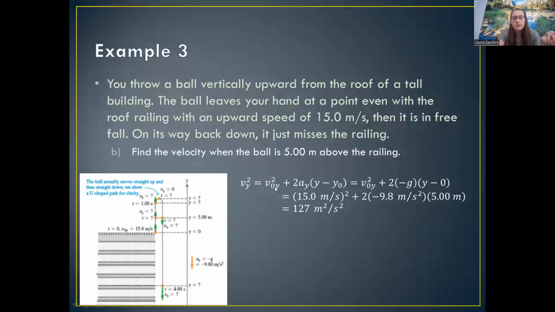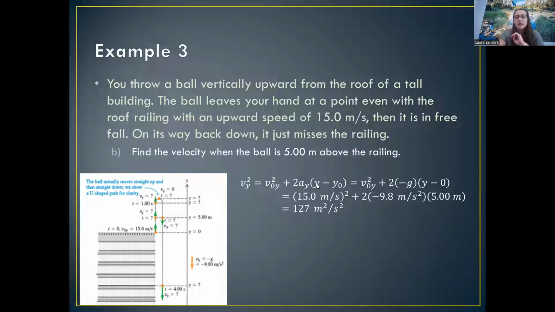Our initial y velocity is still 15 meters per second, so we'll square that. Plus 2, remember our acceleration in the y direction is negative 9.8 meters per second squared, because my coordinate system assumes that up is positive and gravity is pulling down, accelerating things down, so that's negative.